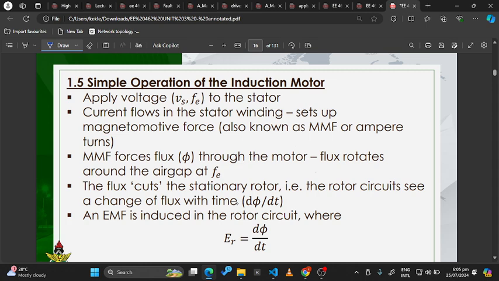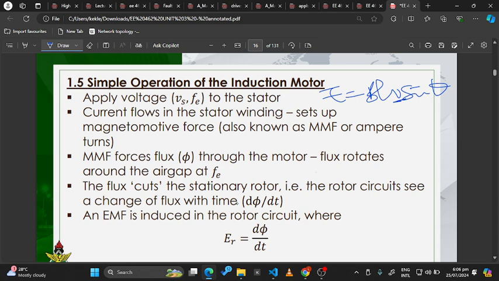When it cuts the rotor, EMF is induced. The formula is e equals BLV, maybe with sine theta, where v is velocity, or angular velocity. So it tells you that in order for EMF to be induced, there must be relative motion between the interacting components.